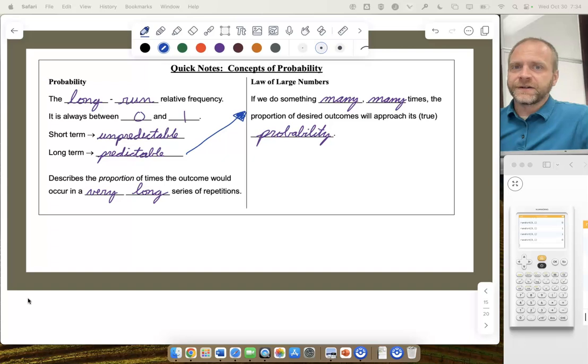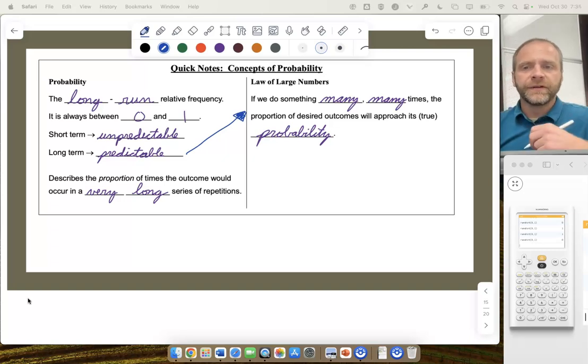We cannot expect her in the long run to always make 80 of her free throws. It depends on how many she shoots. So if we do something many, many, many times, the proportion of desired outcomes will approach its true probability. That's the law of large numbers, which connects to that whole idea of long-term probability.